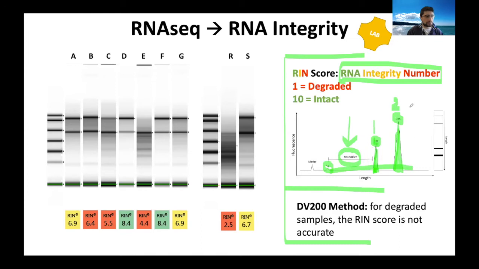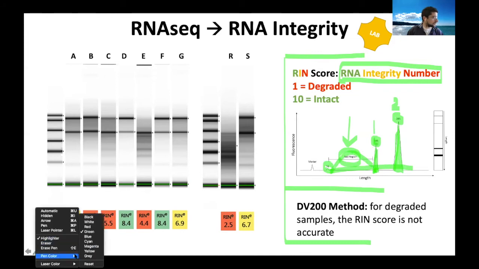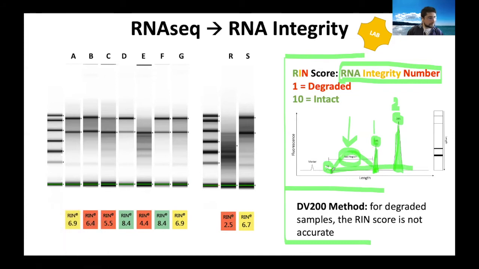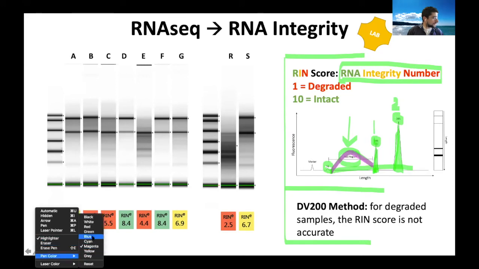The 28S might be degraded, and the degraded 28S you see as a smear in this region right here, the so-called fast region. So let's take a look at our data here on the left.